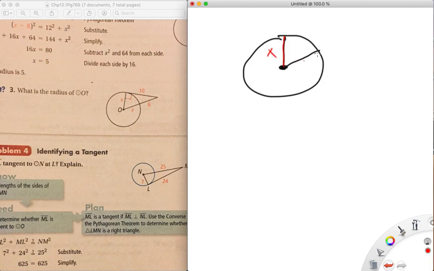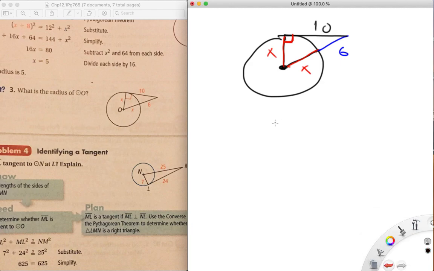This is X, this is X. And then this line extends out, and that's 6. And then we have this guy here that's tangent to this line, and it's 10. Alright, so remember we know that this guy is 90 degrees. That's X and X, so we have a right triangle.